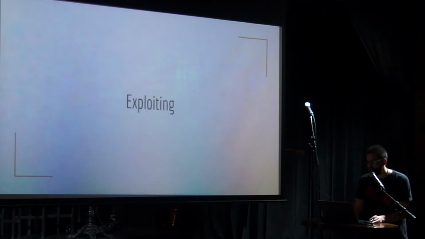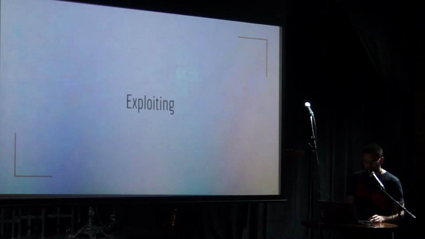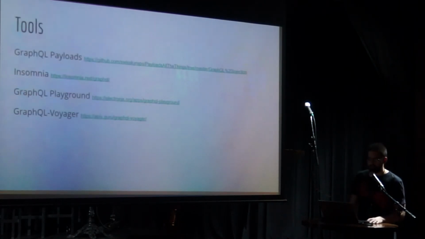So yeah, let's get to some exploitation. First, we need some tools, right? Tools for exploiting GraphQL nowadays are really simple. It's nothing that complicated. First, you have some GraphQL payloads.